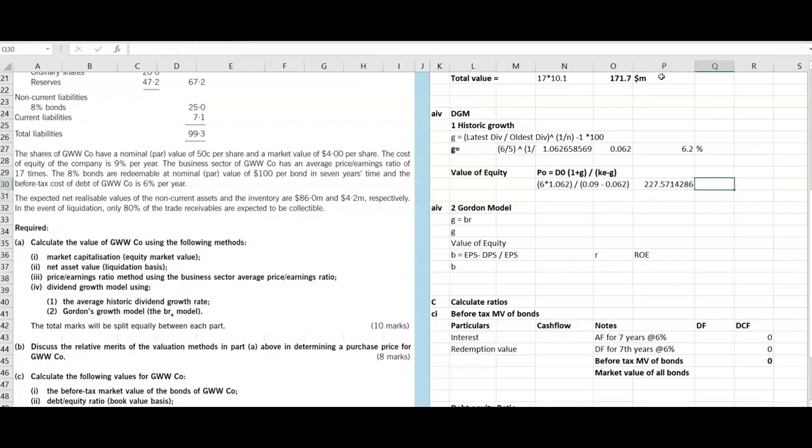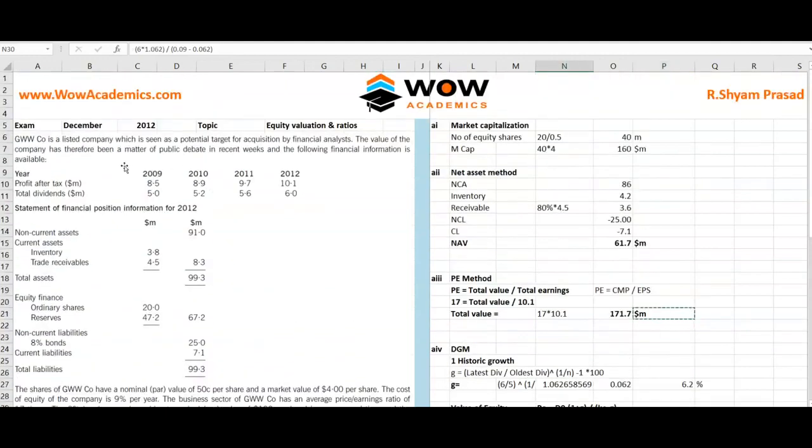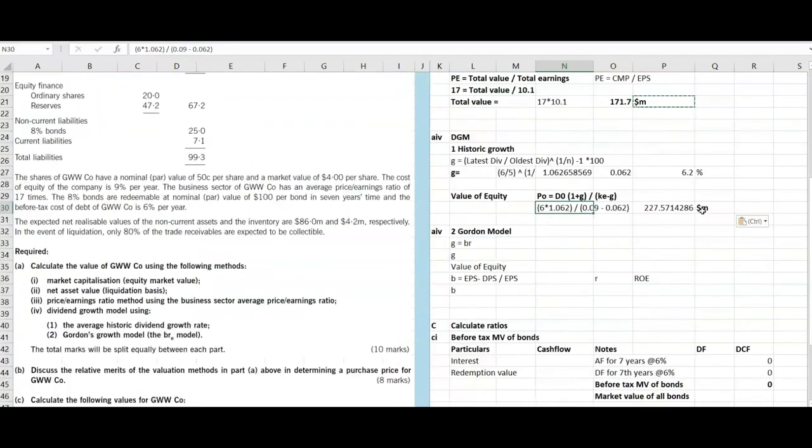This represents millions of dollars. How do we know that? Because of how D0 works in this formula, it determines the final answer. The D0 that we took, the 6, is a dollar million. So the answer will also be a dollar million. So this is the worth of the company.